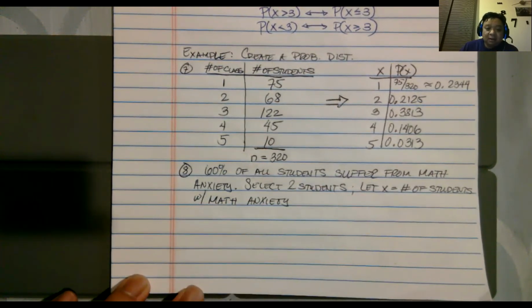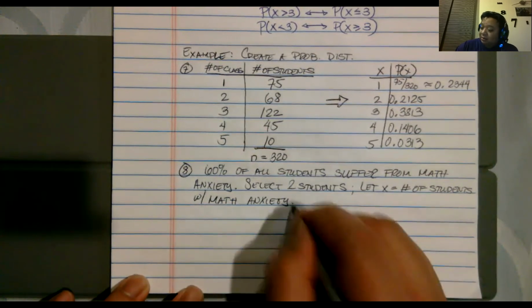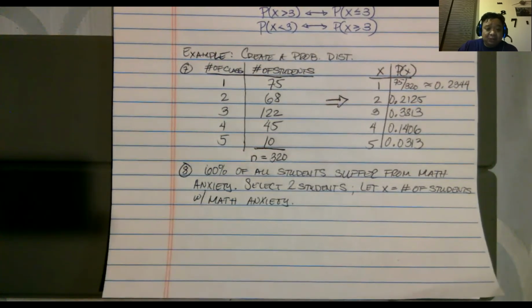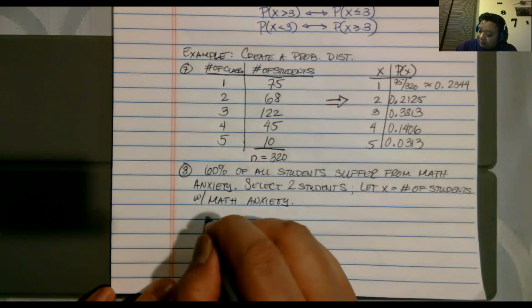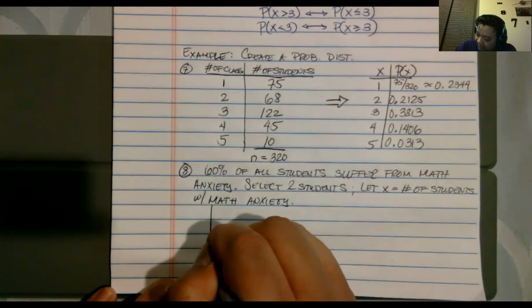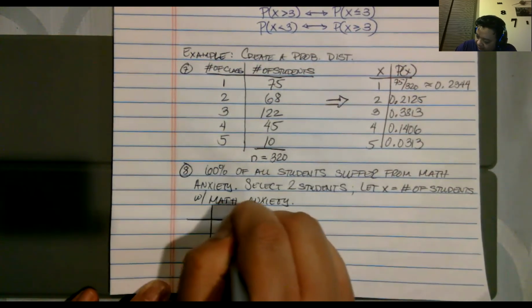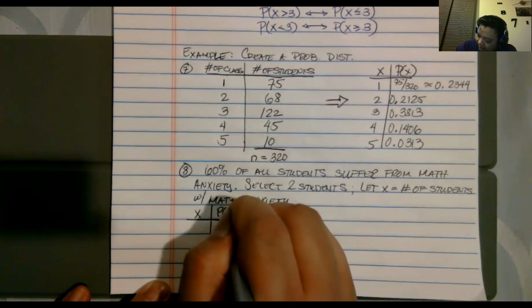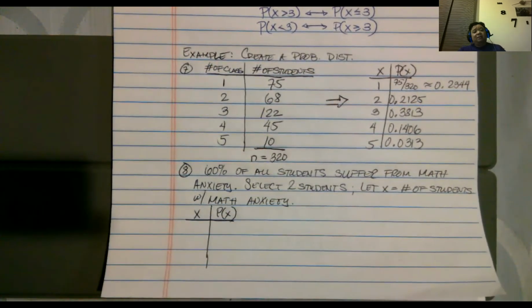Okay. So create a probability distribution for this one. I'm going to go ahead and put the table over here. So I'm going to have X and P of X. So first thing I want to do is list down the values for X. So what will be the values for X on this one?